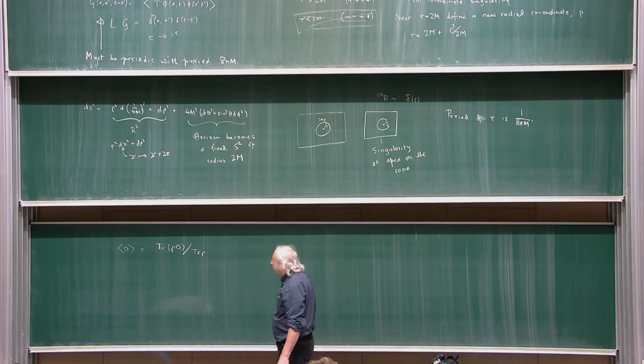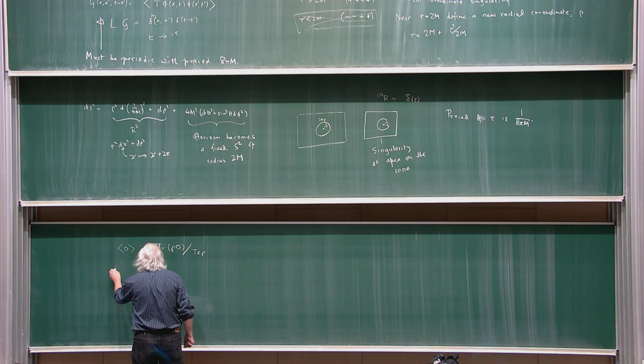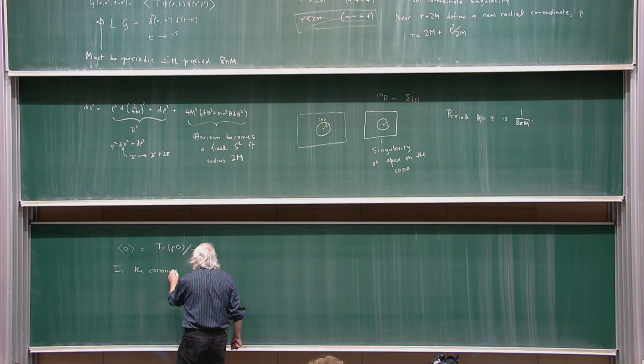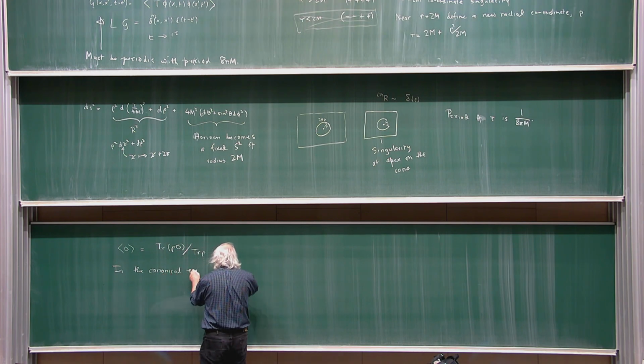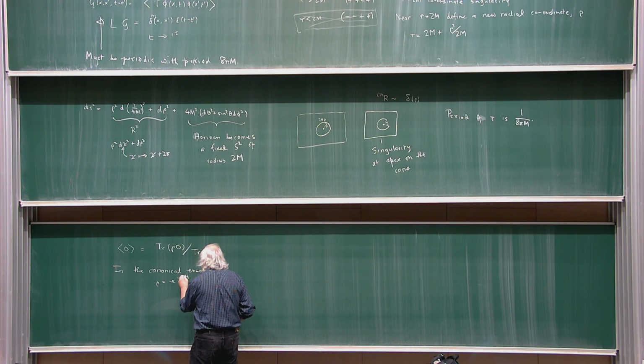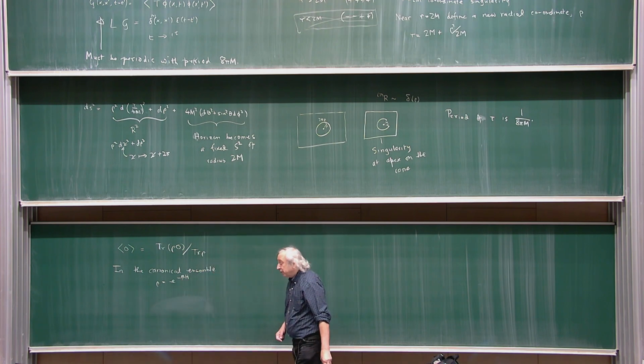In the canonical ensemble, rho is just equal to e to the minus beta times the Hamiltonian, where beta is the inverse temperature.